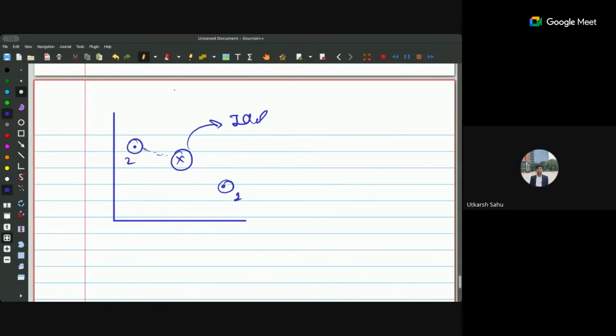They will give you distances, they will tell you this distance is d2, this distance is d1, and d2 is greater than d1. Then they will ask which product you will prefer. So you will have to choose which product you prefer.